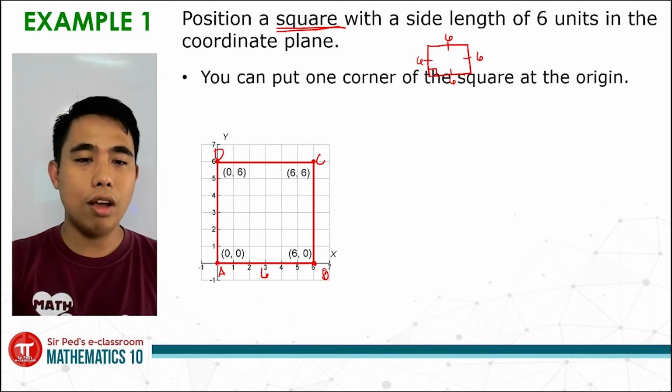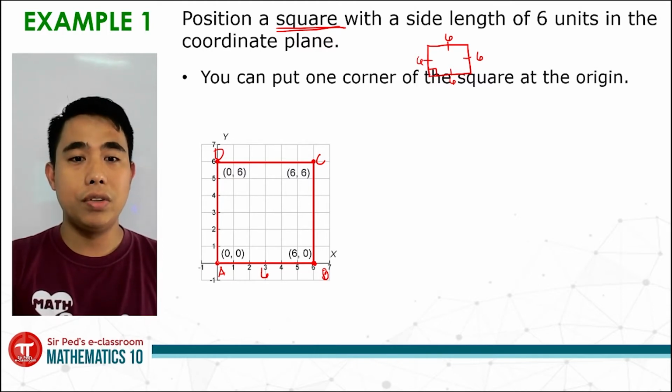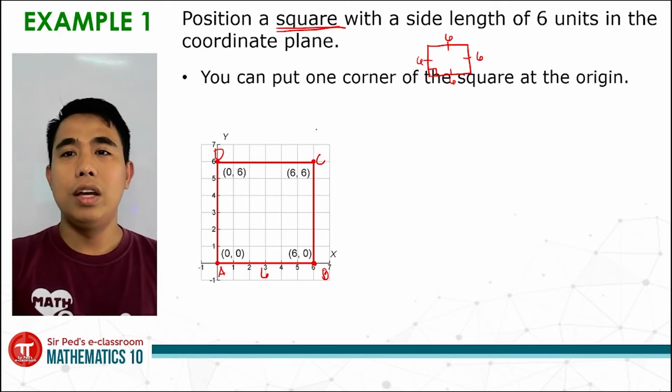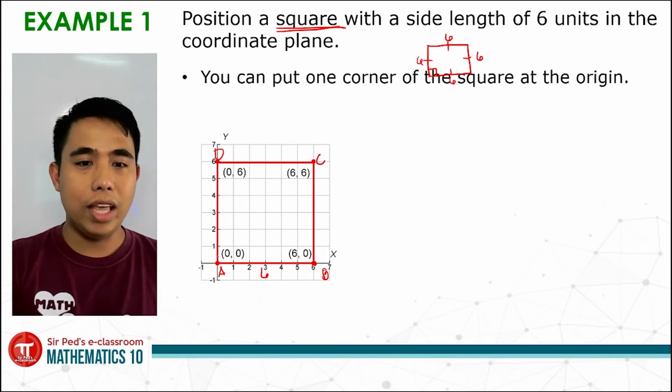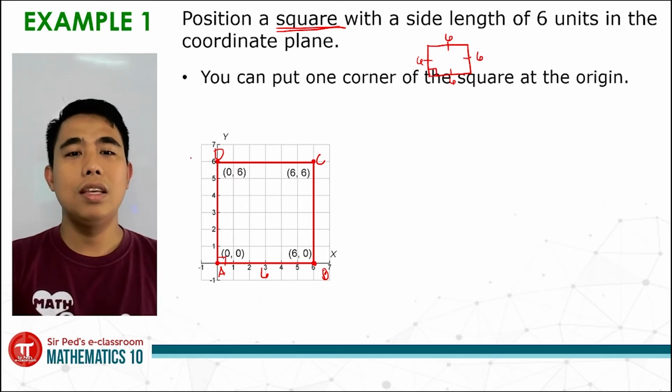And the coordinates of A will be (0, 0) since it is at the origin. Remember, our square has a right angle. The x and y axes are perpendicular, so that is a right angle. Okay?